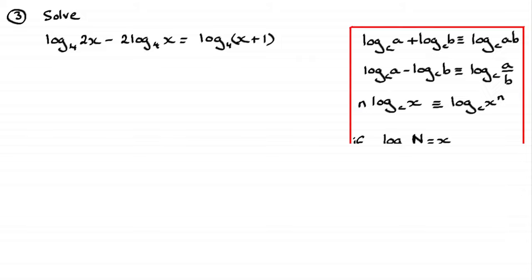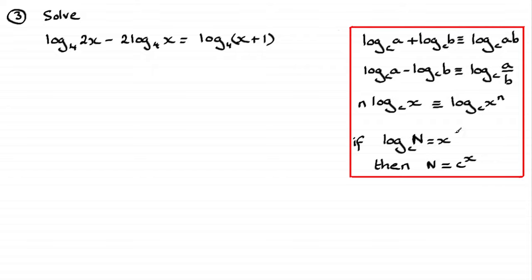First of all though, just to remind you over here, the rules for logs that you should be familiar with. We're not going to use all of them here, as you'll see, but just a revision note there for you. So what we've got to do in any log equation is reduce it down to 2 terms, always. One term on the left-hand side, one term on the right-hand side.